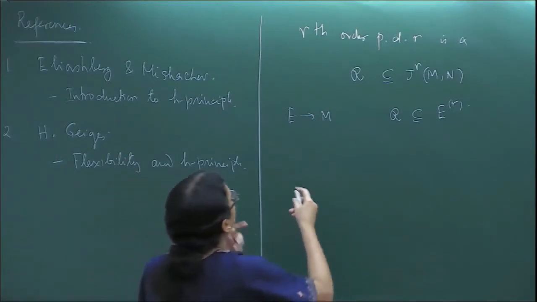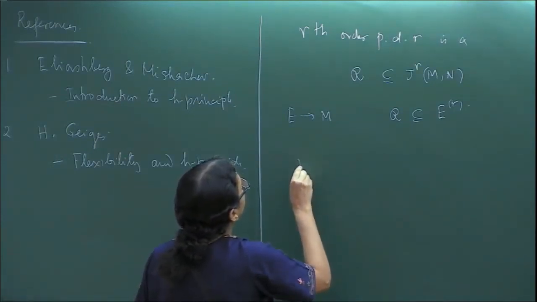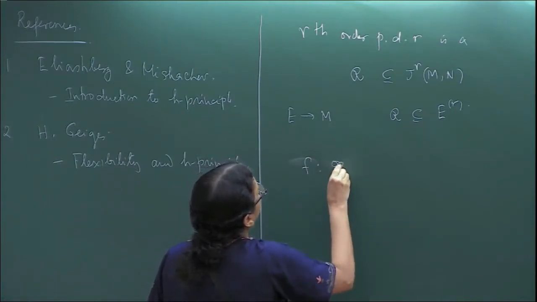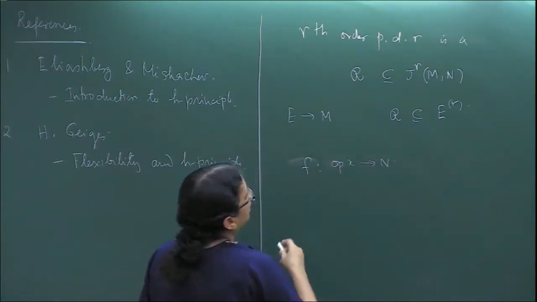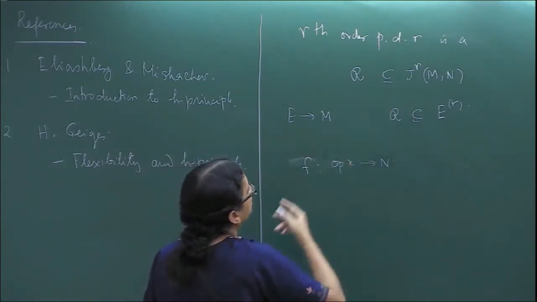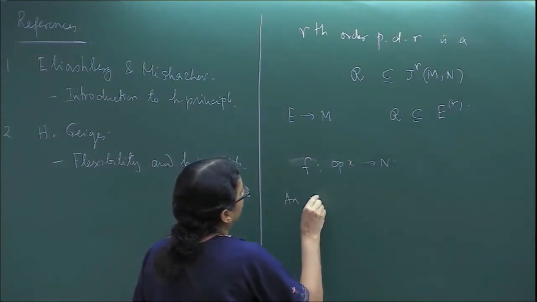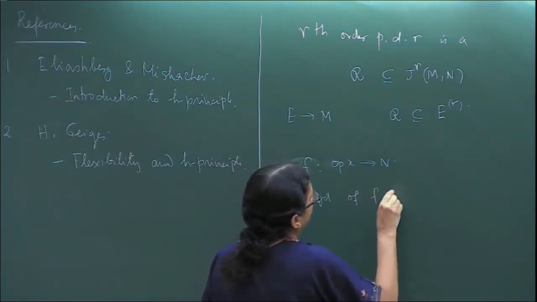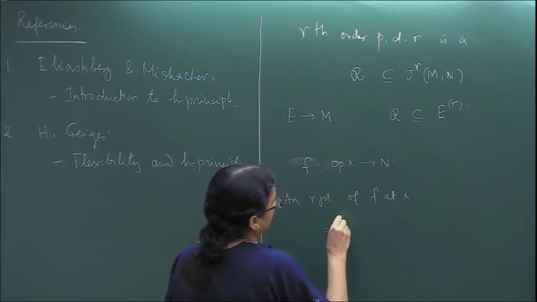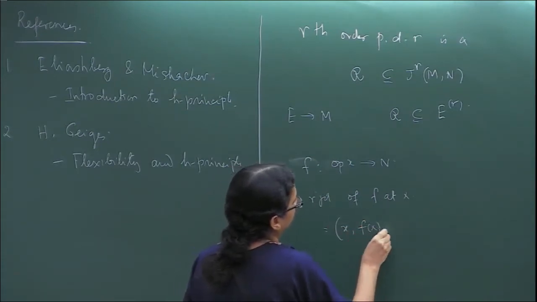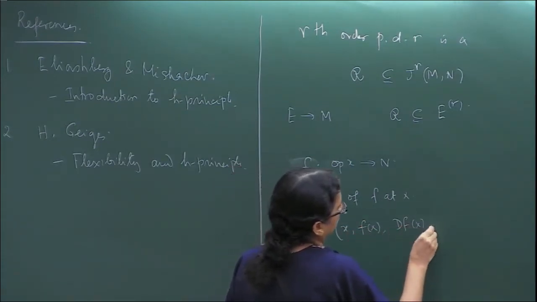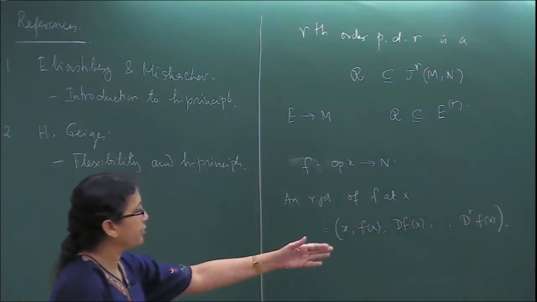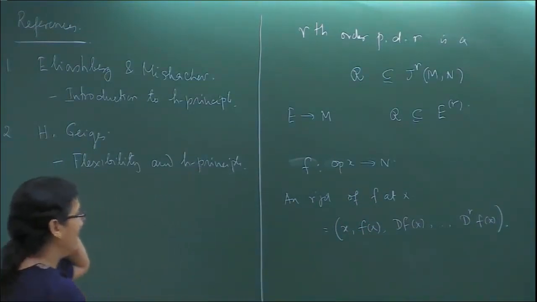So basically, you think of a local section, a local map F from an open set X to N, and the jet of F at X is nothing but this tuple of information. So they take values in appropriate spaces.